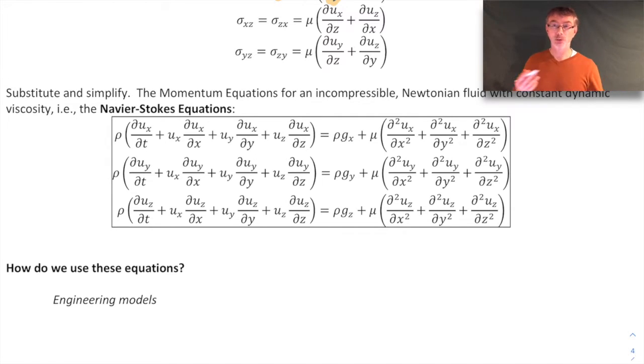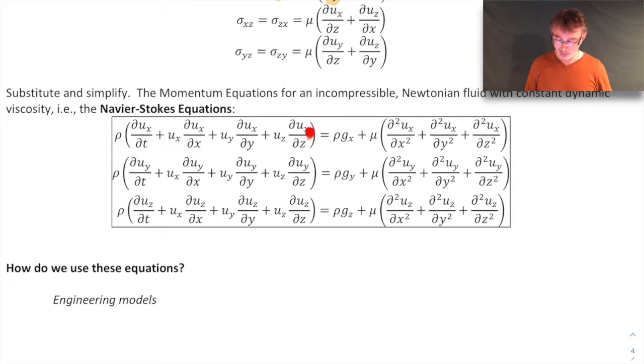So just to show you what the various terms are, when you look at this, it looks really complicated and messy, and don't get me wrong, these are tough equations to solve, but conceptually, they're actually pretty simple. The terms on the left-hand side are the following. This term here, the dux dt times the rho, that's your time rate of change of x linear momentum in the control volume. That's the ddt term in the linear momentum equation.